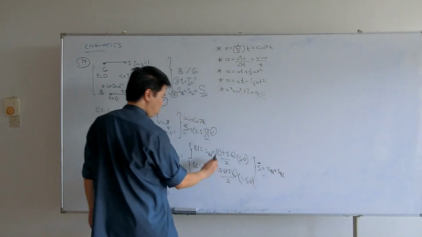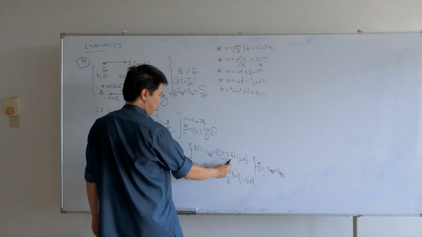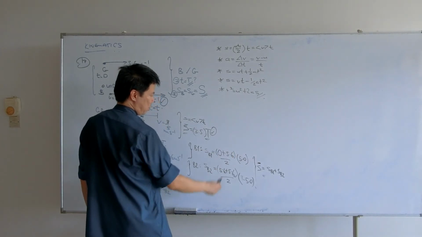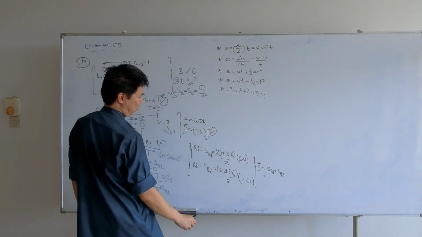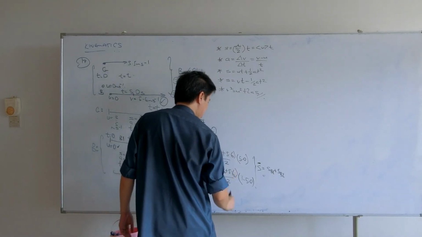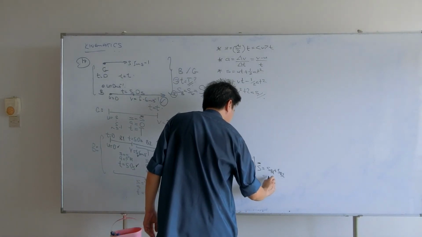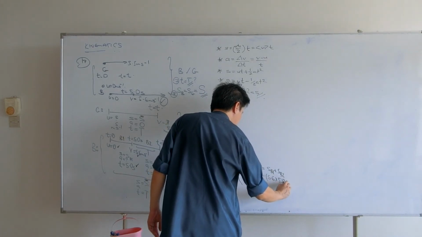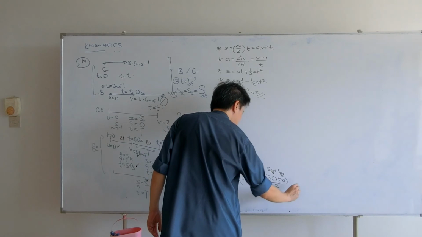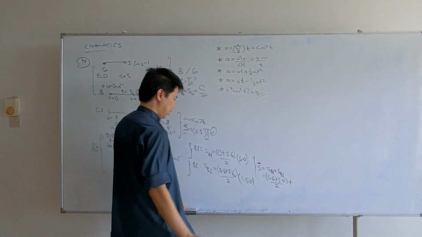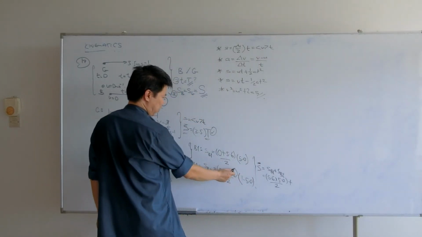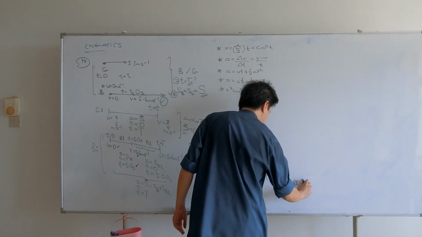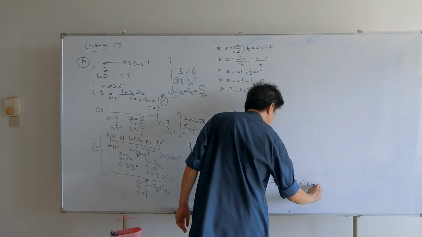So what is SB1? 5.6 over 2 times 5.0, plus here, 5.6 plus 5.6 divided by 2 is 5.6. 5.6 times T minus 5.